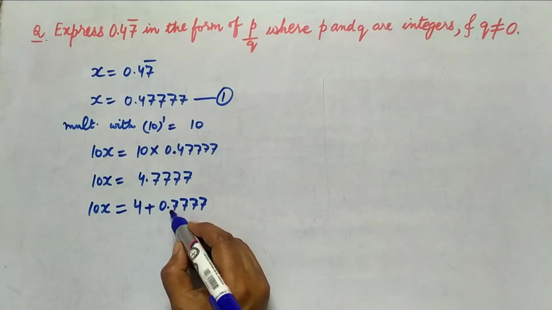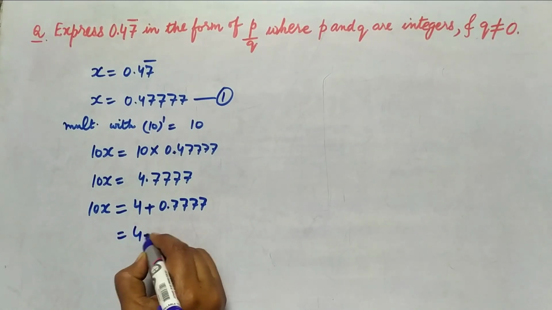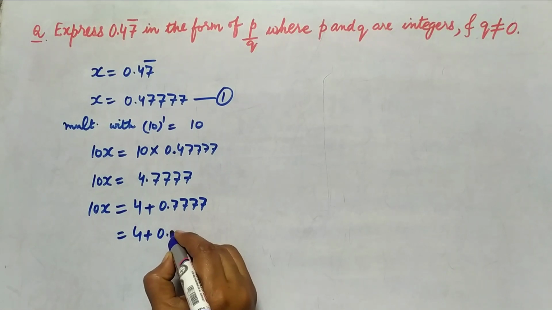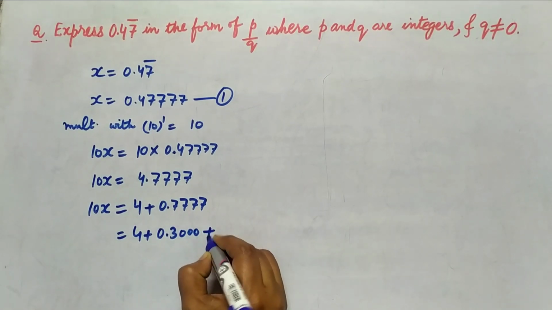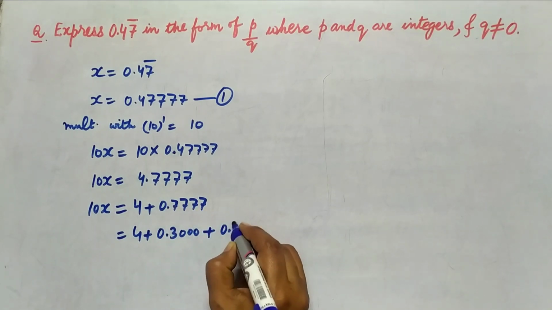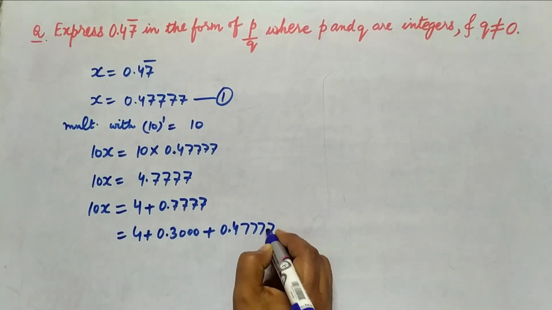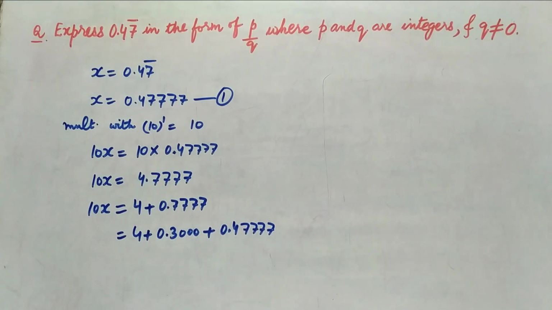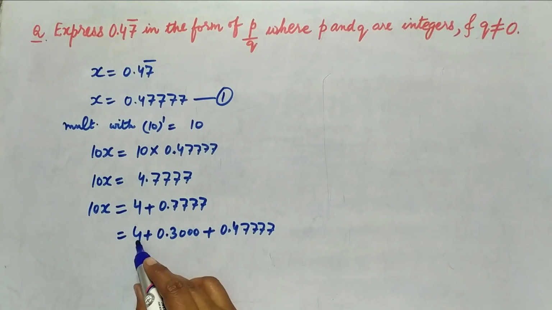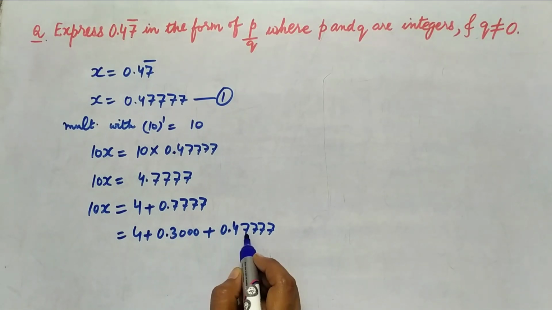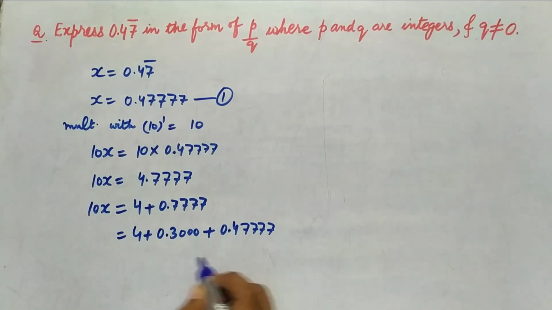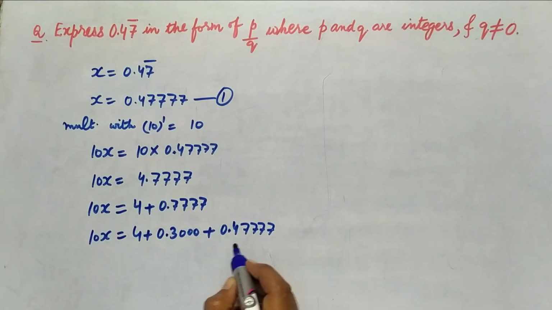Here we need 4, so we write it as 4 plus 0.3 and then 0.47777. Let us check, is our total correct? It is 4 point, then 4 and 3, 7 and all these 7s. So now we have the x form.